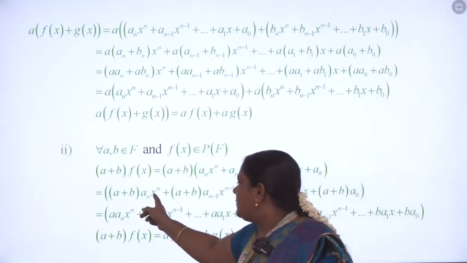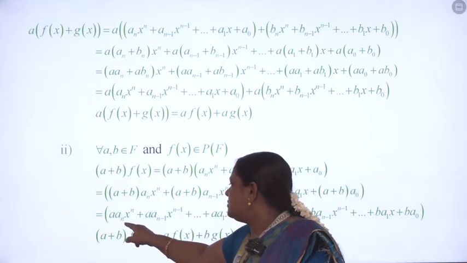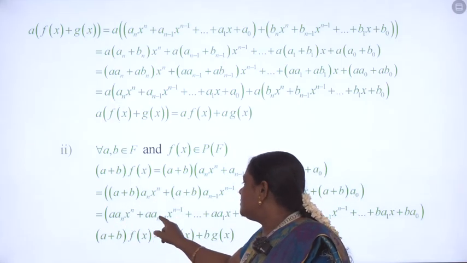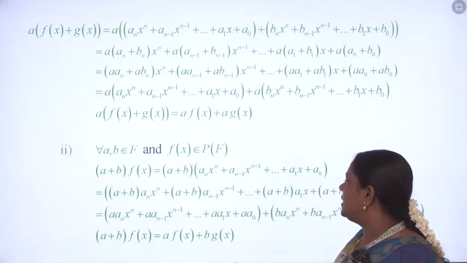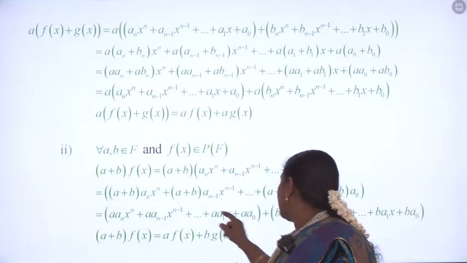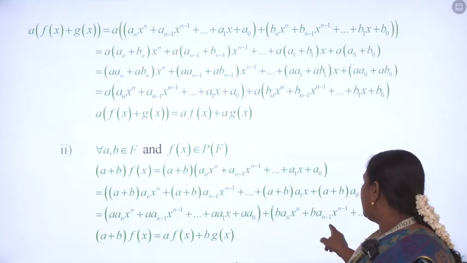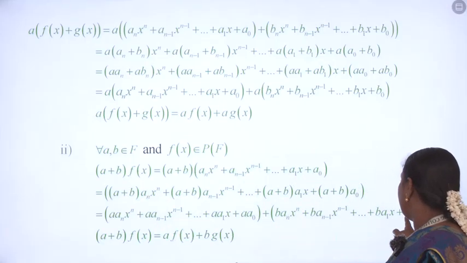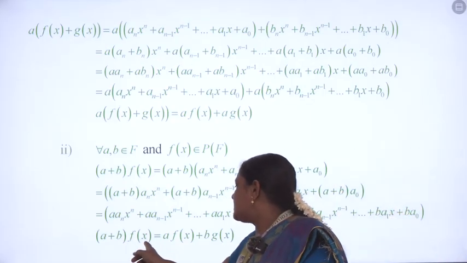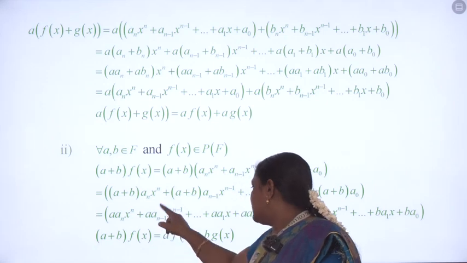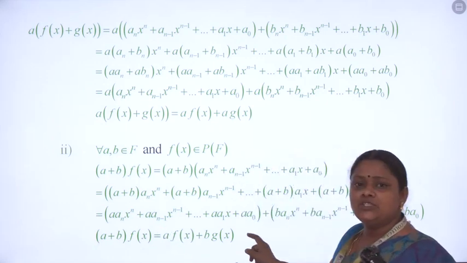Then multiply with each term. So a into an x power n, a into an minus 1 x power n minus 1 and so on, a into a0. Similarly, b into an x power n plus b into an minus 1 x power n minus 1 and so on, b into a0. This is nothing but a plus b into f of x is nothing but a into this, which is f of x, plus b into this, which is g of x.